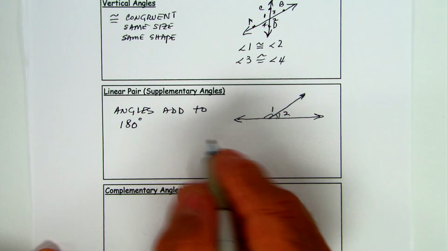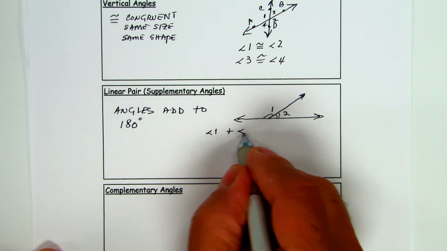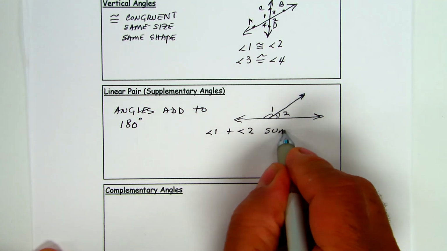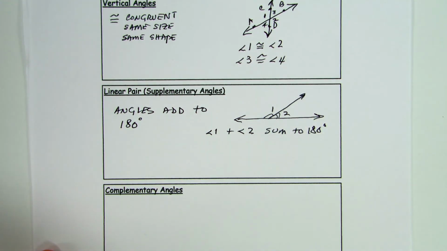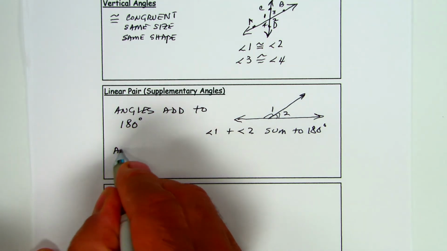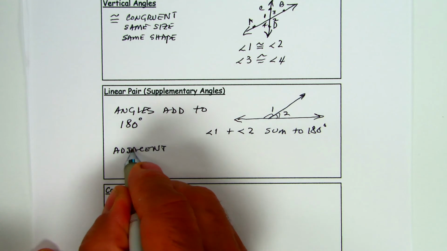So here we would say that angle 1 plus angle 2 sum to 180 degrees. Now, we could also talk about the word adjacent.